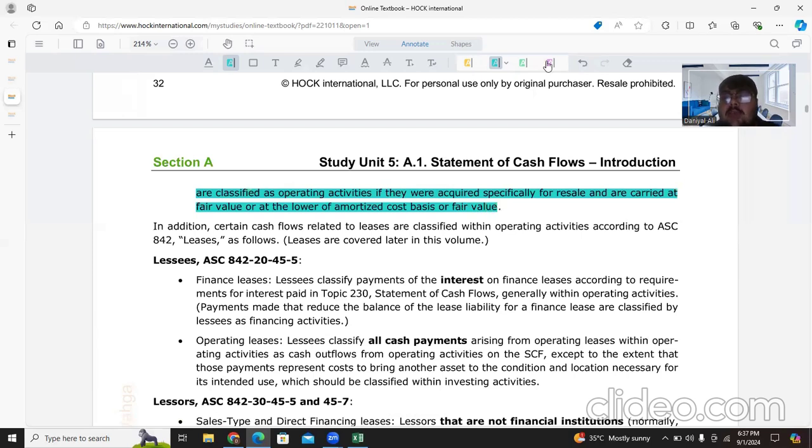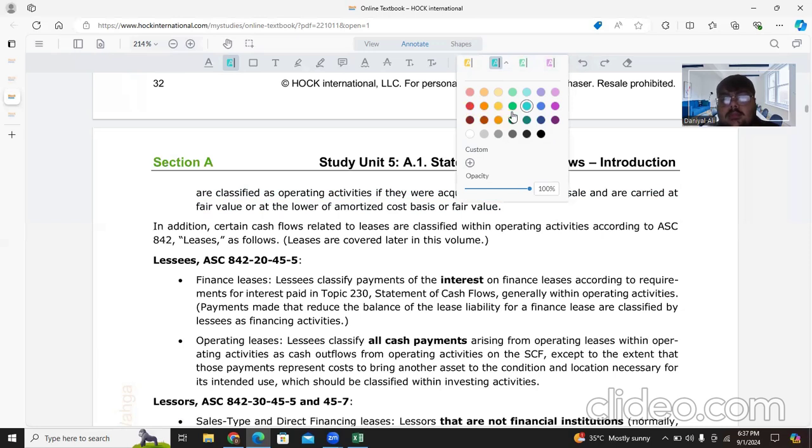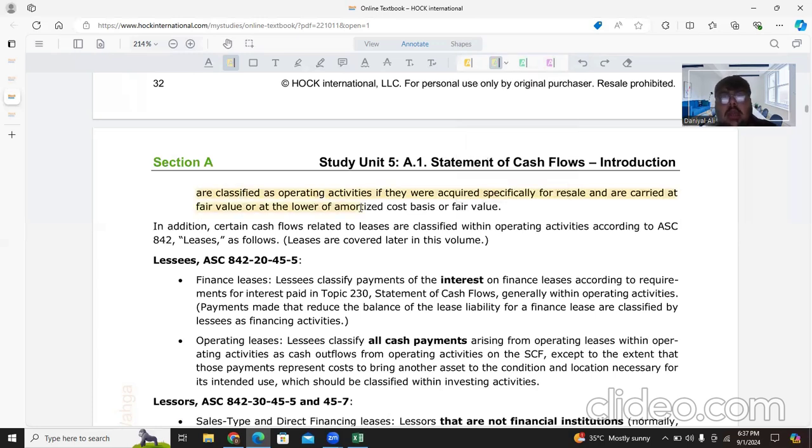It has stated the value as well, carried at fair value or the lower of amortized cost basis or fair value, whichever is lower. That would be the amount used for classification of operating activity.